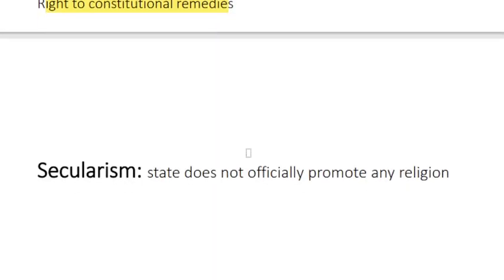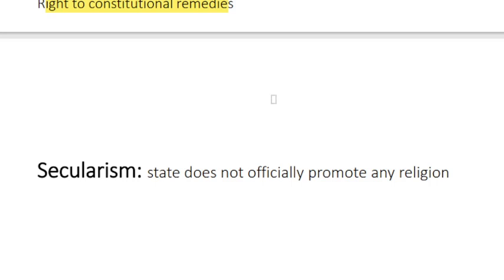The next one is secularism. What is secularism? No level of government officially promotes any religion. So many countries are officially promoting one religion, but India is not like that.